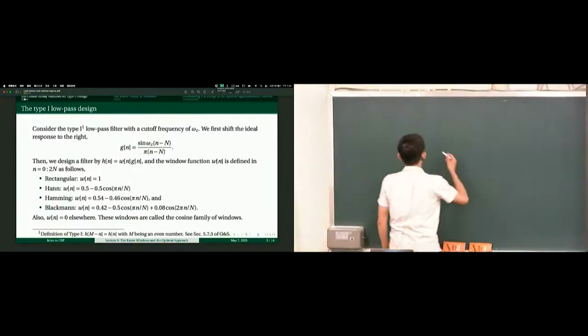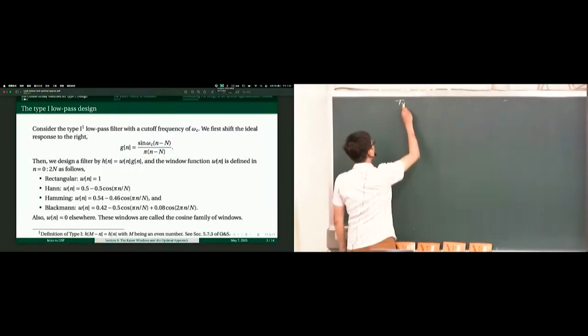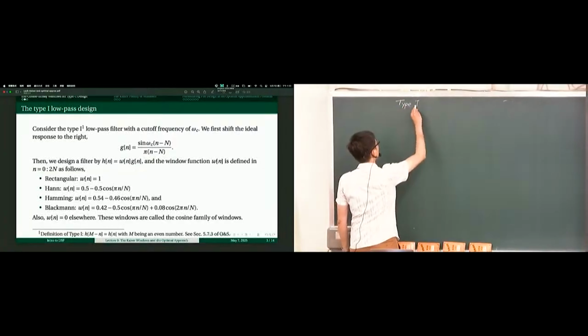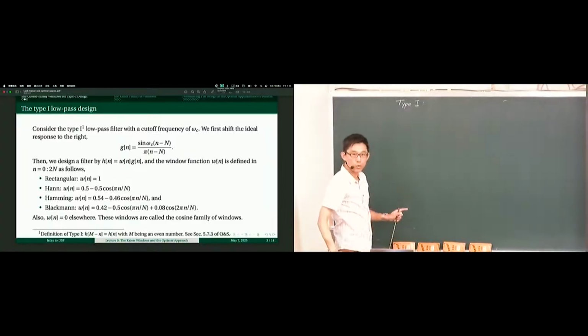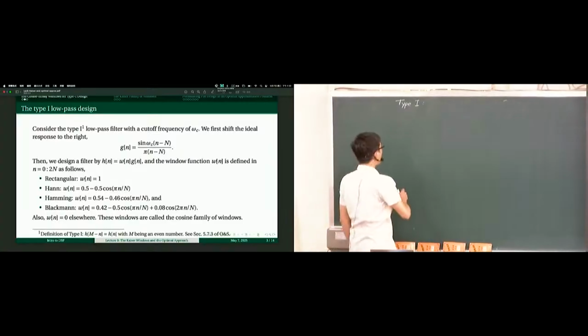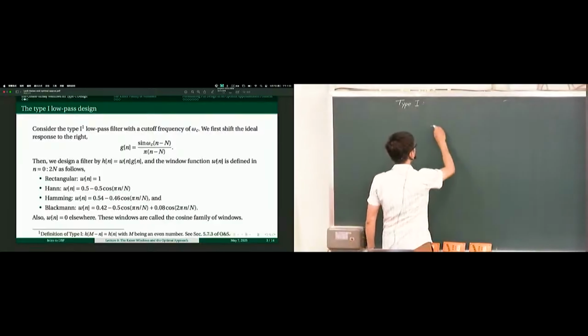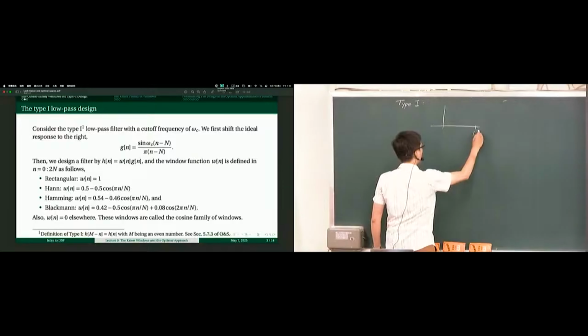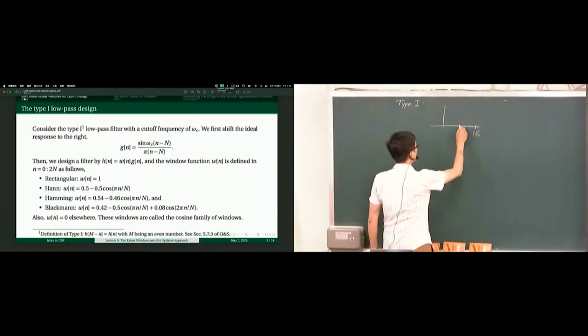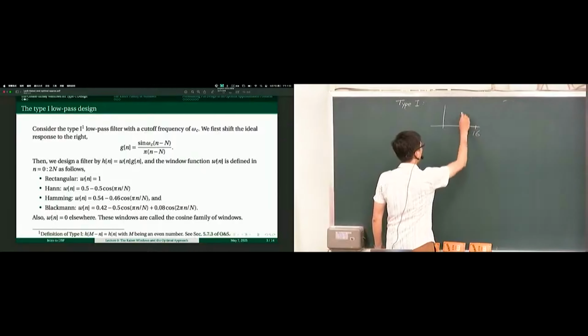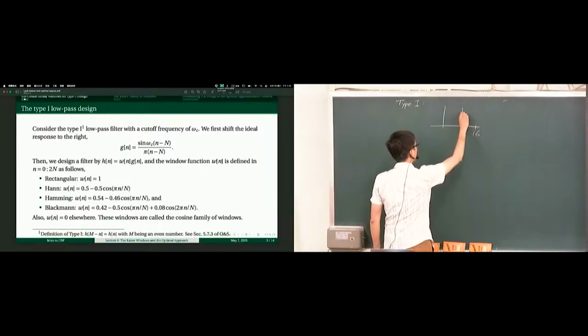For example, Type 1, the Roman numeral 1, Type 1 filter. Let's say M is 16, and somehow your system has an impulse response which is symmetric around time 8.